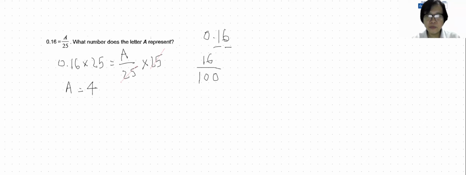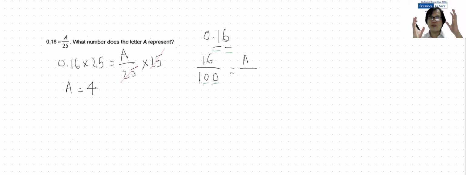This is the conversion into a fraction. When you convert a decimal to a fraction, you simply keep the numbers inside, then count the number of decimal places and put that many zeros. So in this case, the left-hand side is 16 over 100, the right-hand side is A over 25.